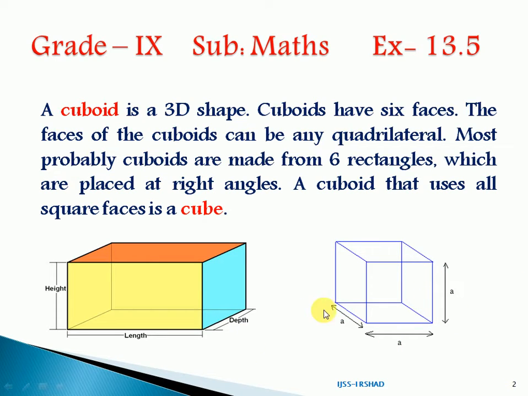In a cube the length, breadth and height are all the same. If I consider one side as a, then length, breadth and height will all be a. In a cuboid, the length, breadth or width, and height are all different. If all become the same, then the cuboid is termed a cube.